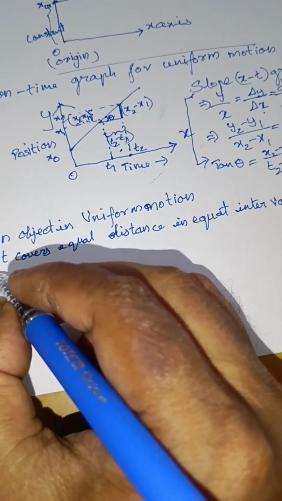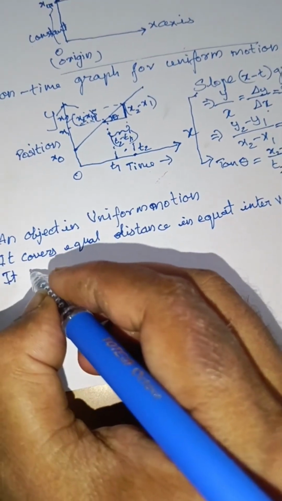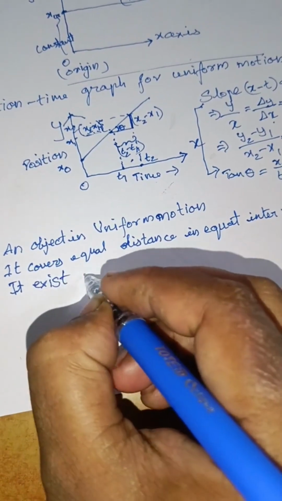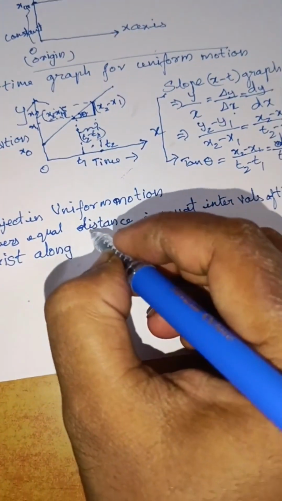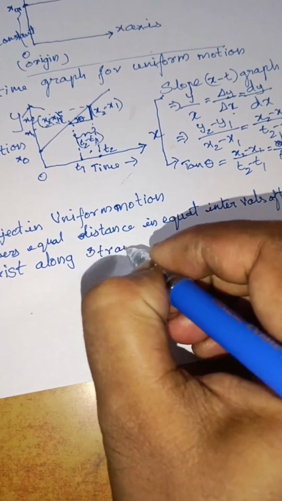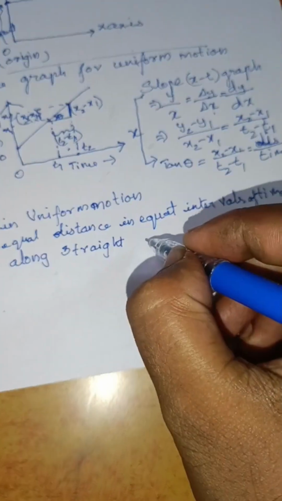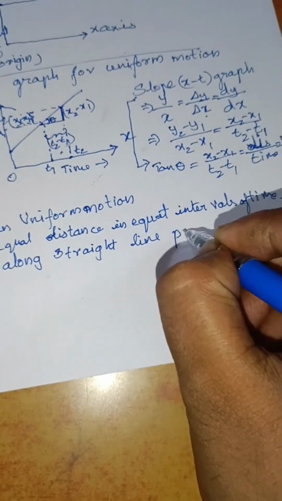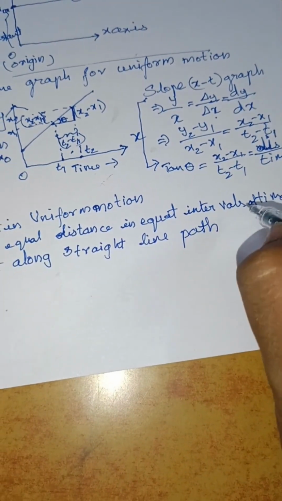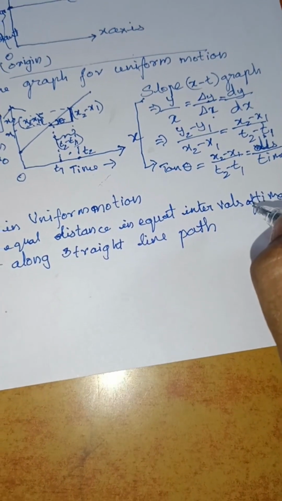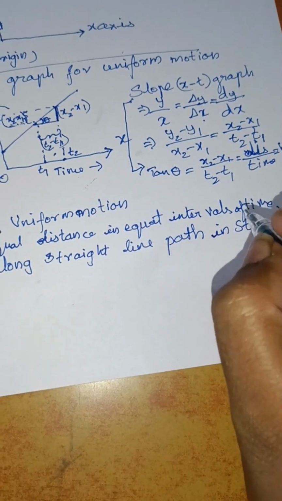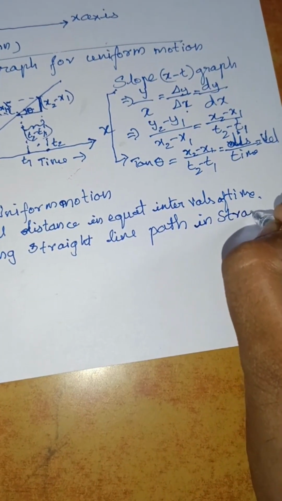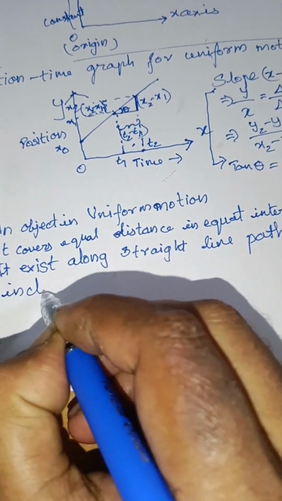It exists along a straight line path, a straight line which is inclined to the x-axis.